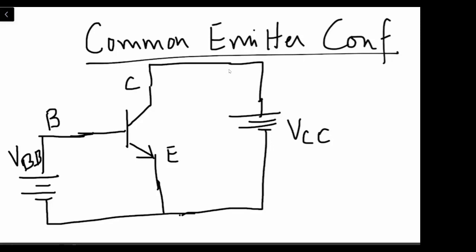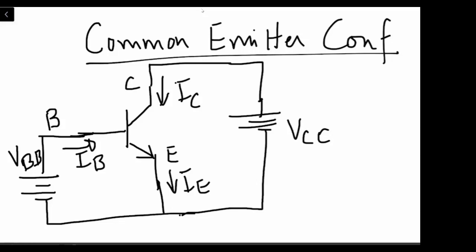So what we have now, if you see, is the input side as well as the output side. In the input, the current which is flowing over here, let's suppose this is IB. The current which is flowing over here is, let's suppose, IC, and the current which is flowing over here is, let's suppose, IE, right?